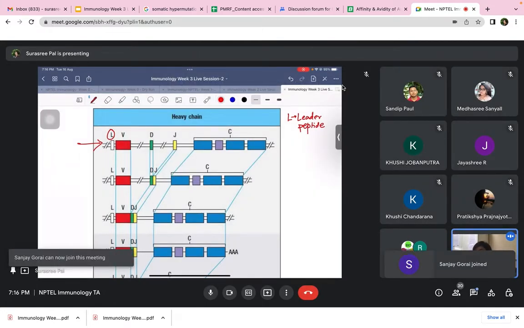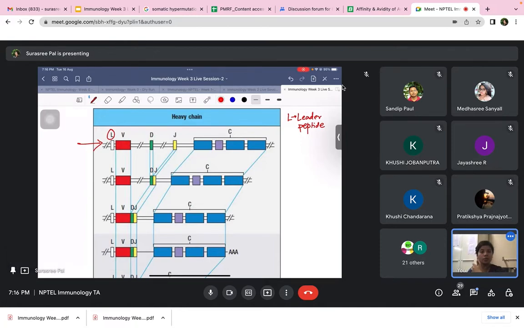So it is secreted from the B cells or from the plasma cells. If it has to be secreted, then it has to go through the secretory pathways of the cell, right? And in that case, the leader peptide helps it to go through the secretory pathways. That is why there is an L segment which codes for the leader peptide. Then comes the V segment.